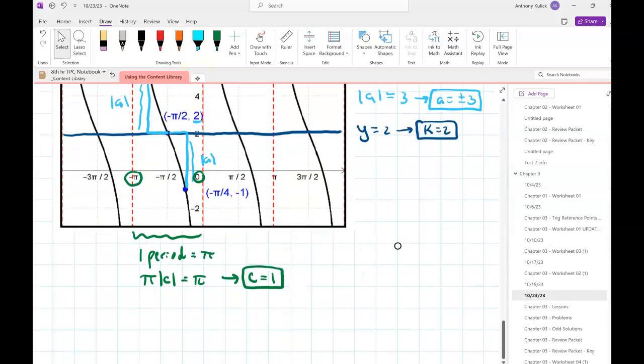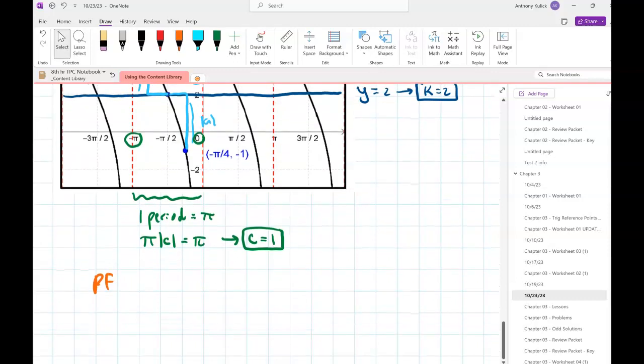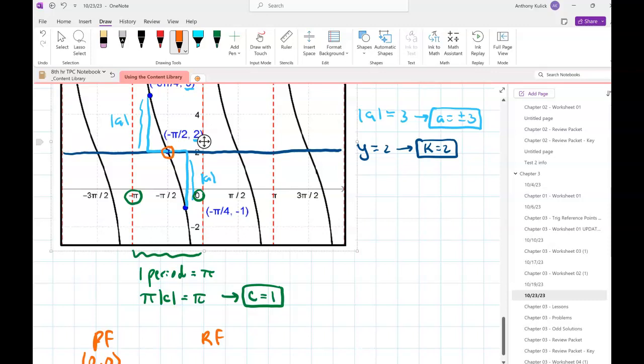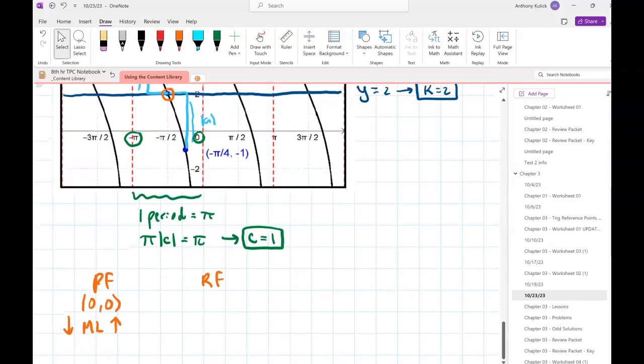And then the last thing we're going to do is from the parent function, we're going to choose the point 0, 0. We're always going to choose that point for tangent. On the parent function, the graph points down before that midline point, and it points up after the midline point. From my resultant function, I need to pick some midline point. The one I'm going to pick is the one that's labeled: negative pi over 2, comma 2.